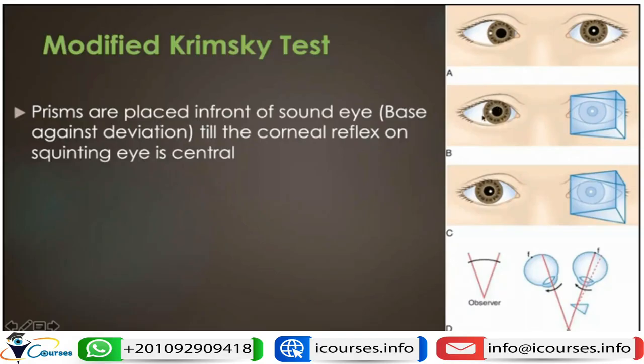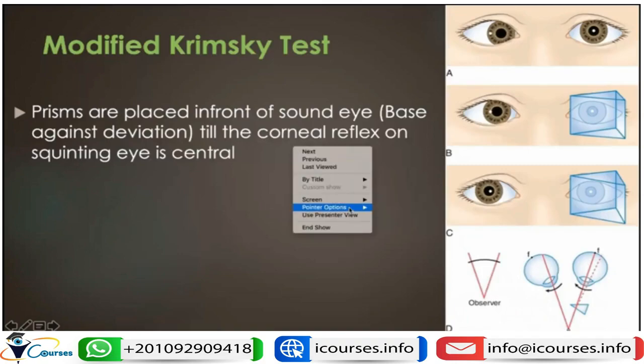So the left eye will be moving toward the right. And by increasing the power of the prism, this will lead to further movement of the left eye toward the right. Let me make it with the pen.